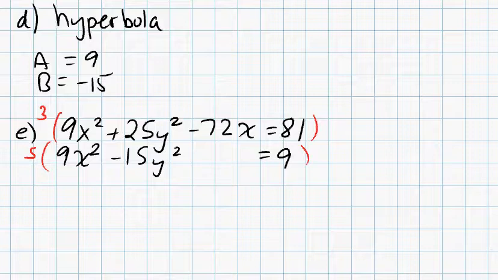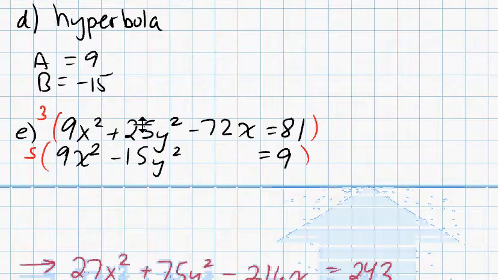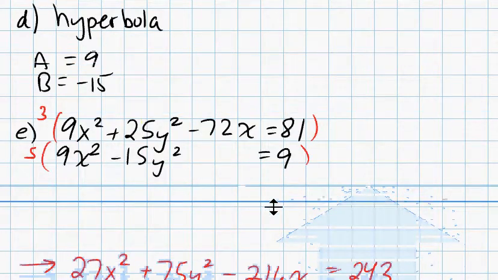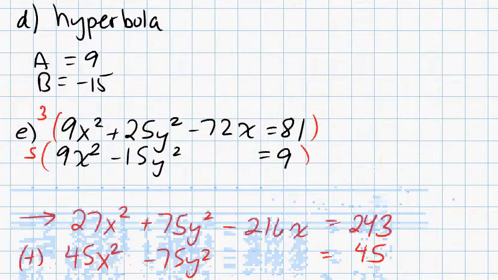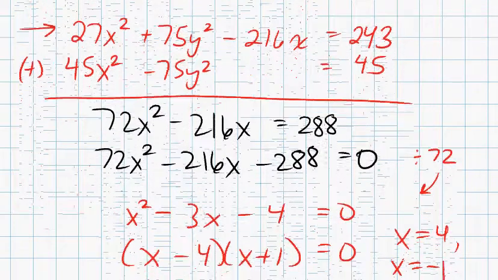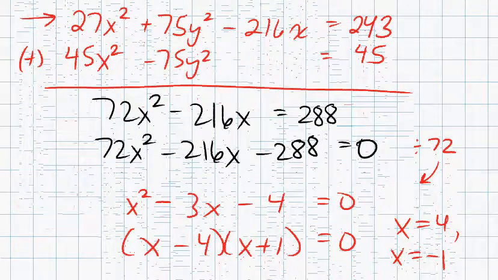You have to get rid of the y squareds instead. So I would multiply the top by 3 and the bottom by 5, and eliminate by addition. Again, pause as you need to.